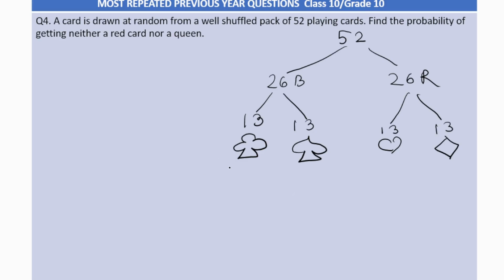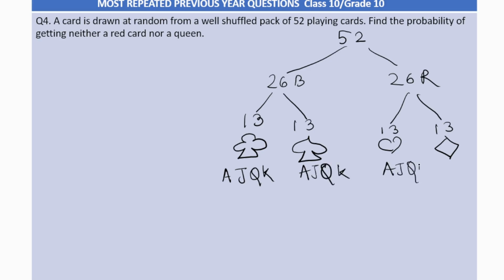And amongst them, there are four important cards in each group of club, spade, heart, and diamond. We have got important cards: ace, jack, queen, and king. AJQK or AJKQ, however you write it, right?